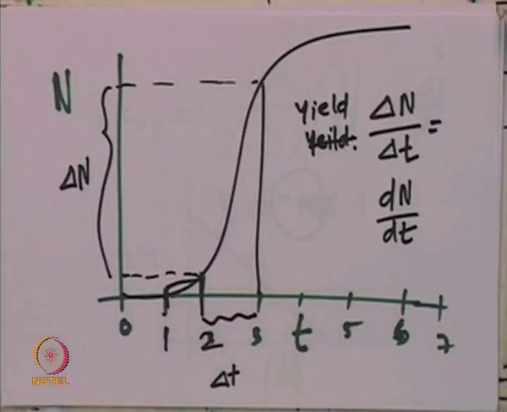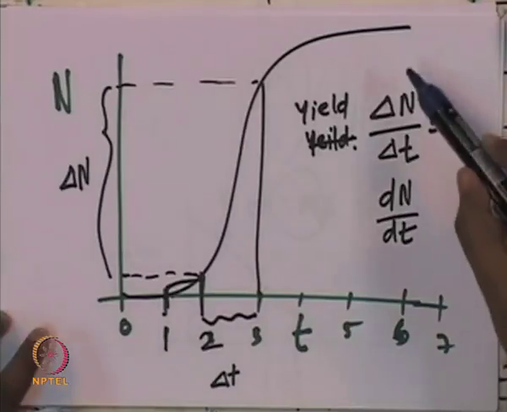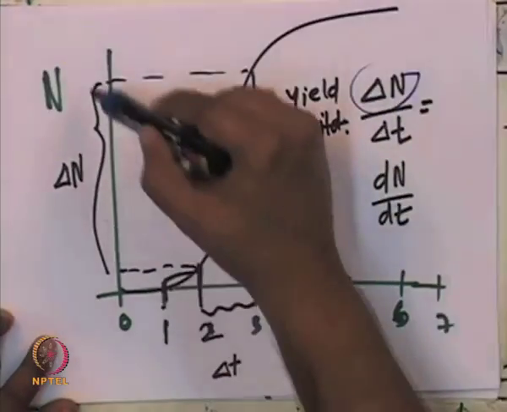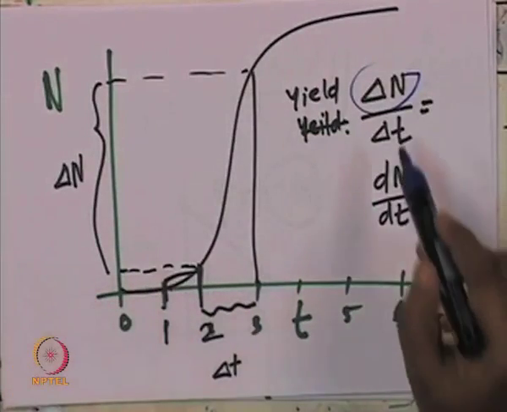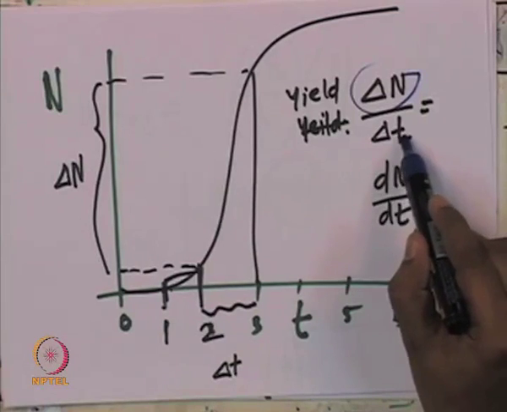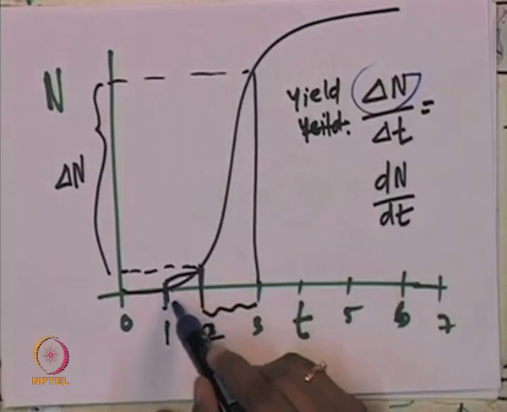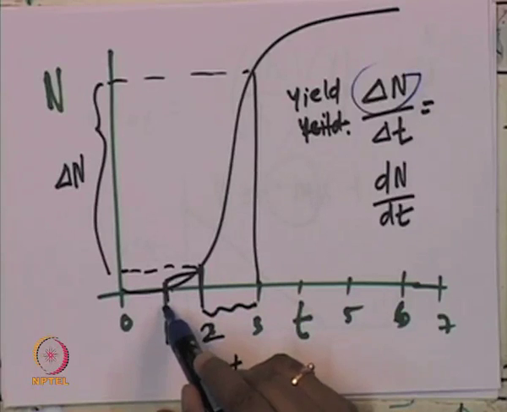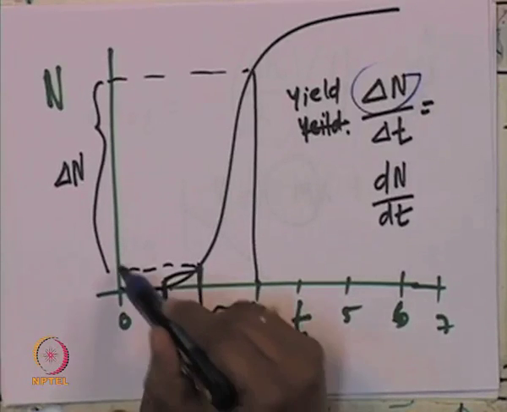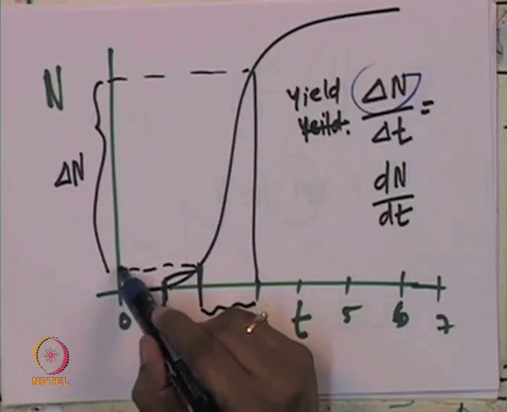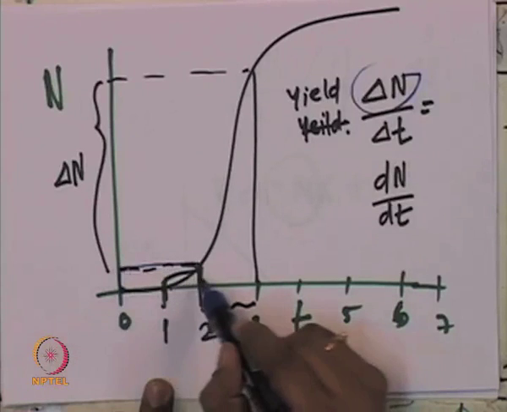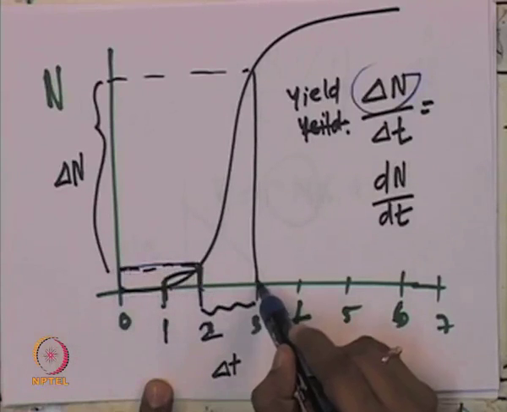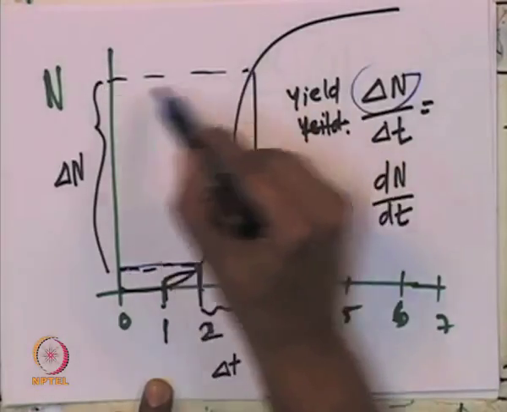Yield means you want the maximum number: delta n, the number, should increase when the time changes by 1 day, or by a small amount. If the time changes by 1 day here, the yield was very small; the number only increased from here to here, this much. On the other hand, from here to here, the number increased this much.